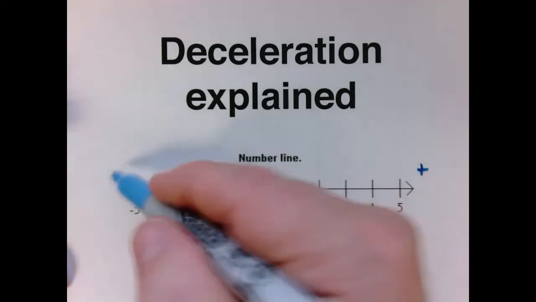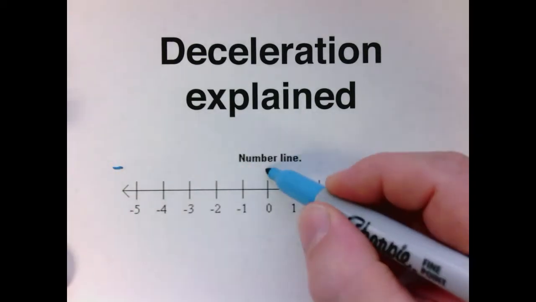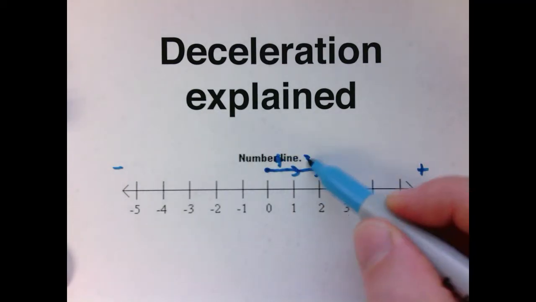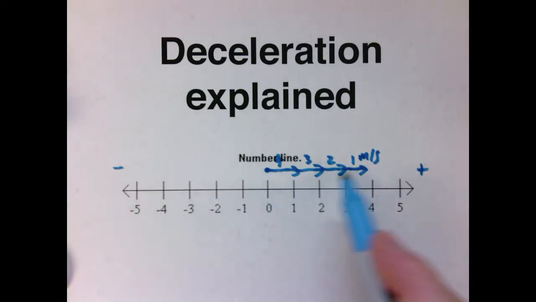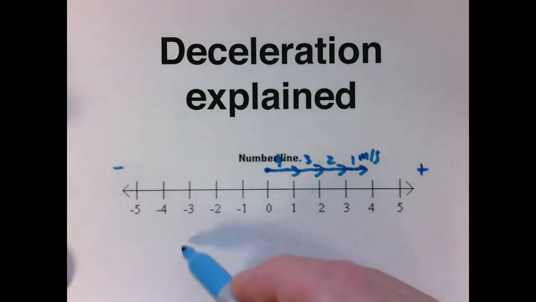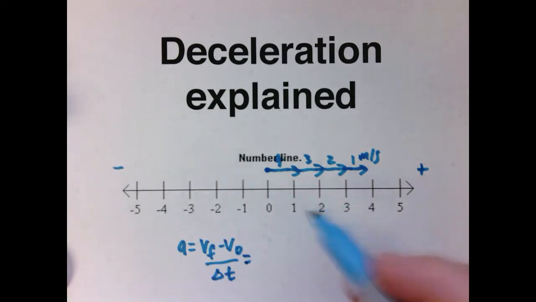We examined two cases on the previous slide. Let us suppose now that the person is starting out at 4 meters per second, 3 meters per second, 2 meters per second, and 1 meter per second. So you can see as they're moving in the positive direction, they are slowing down. Then we would have an acceleration, our final velocity is 1, our initial velocity is 4.